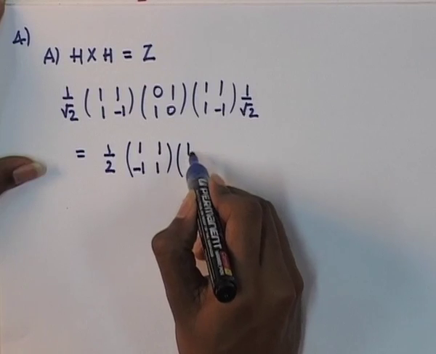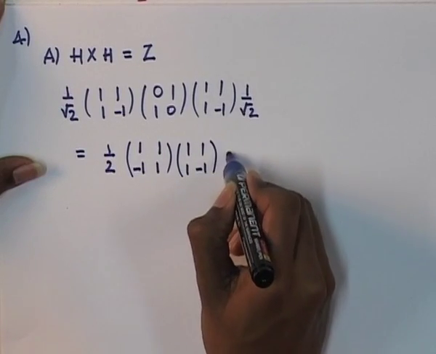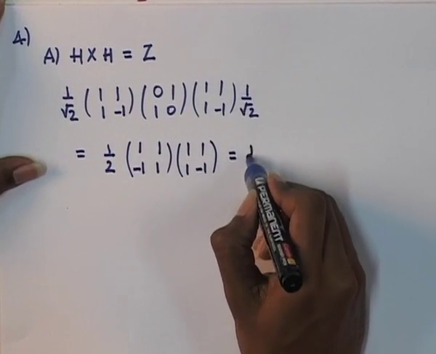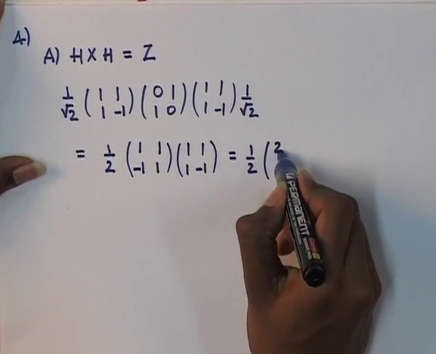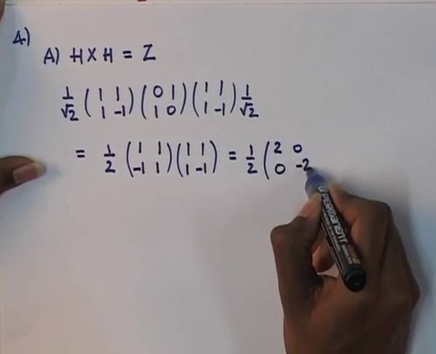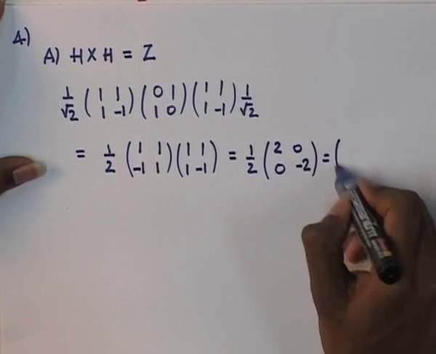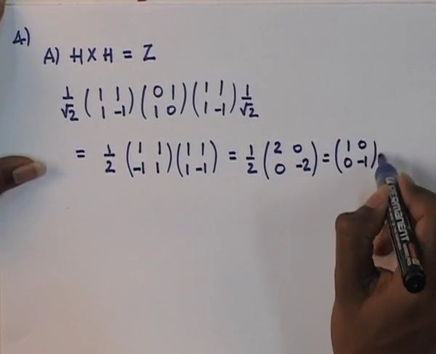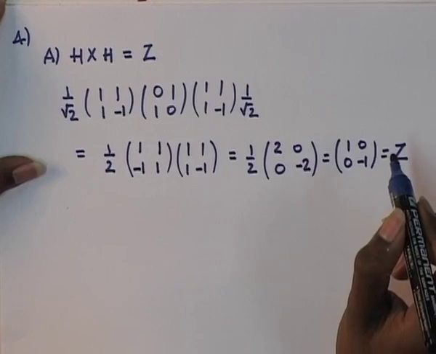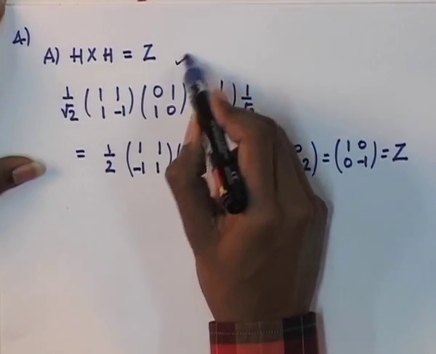When we multiply with H, we obtain [2, 0; 0, minus 2], which is [1, 0; 0, minus 1], which is indeed Z. So option A is correct.